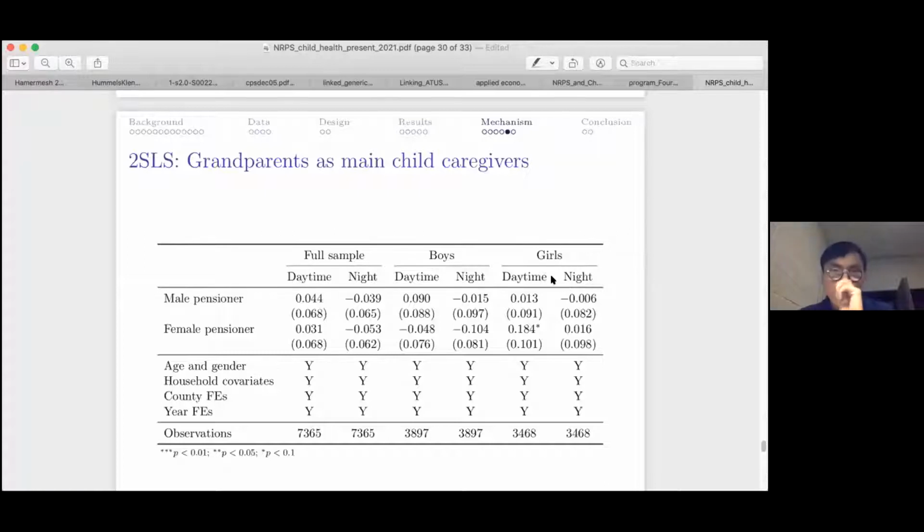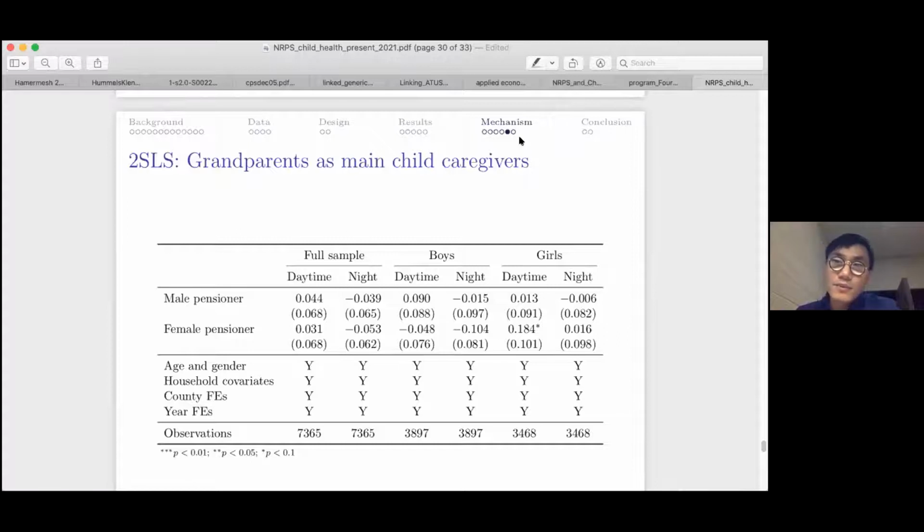Yeah, that's an interesting question. So we think that even though grandma could be the main caregiver for the grandchildren, grandfathers may take care of their grandchildren in a different way.